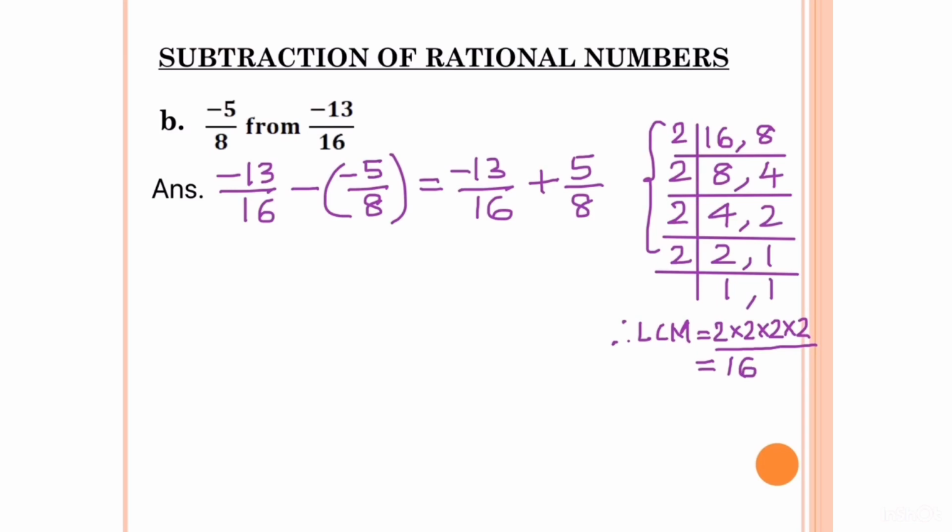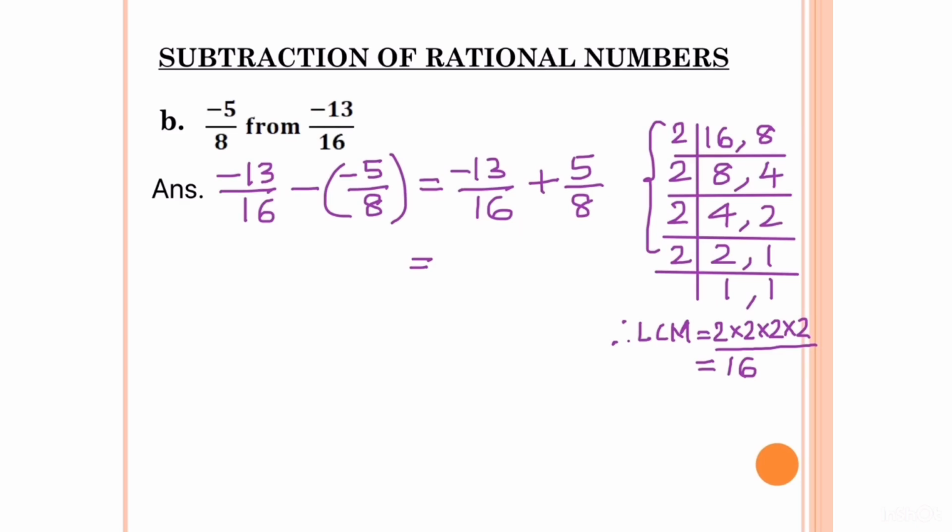So LCM is 16. So this expression is equal to, in the first rational number we already have 16. We will just find a suitable number with which we can multiply 8 to get 16.